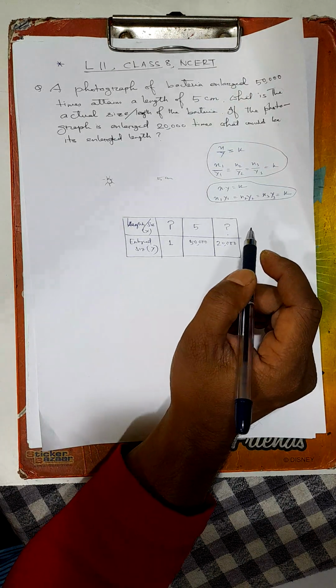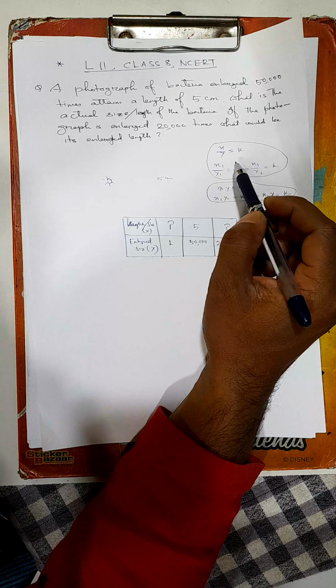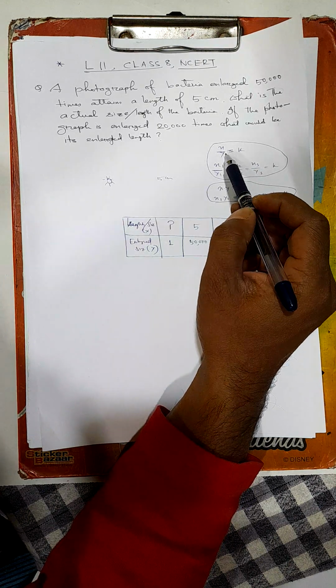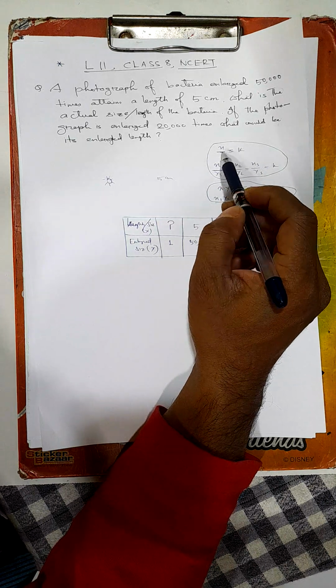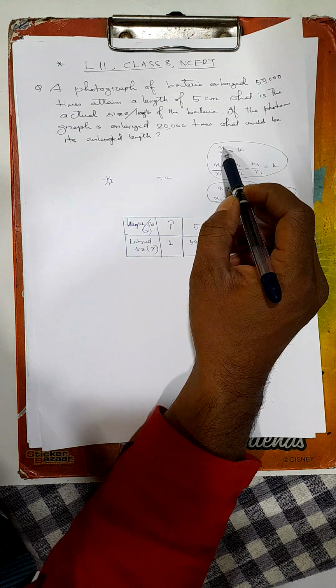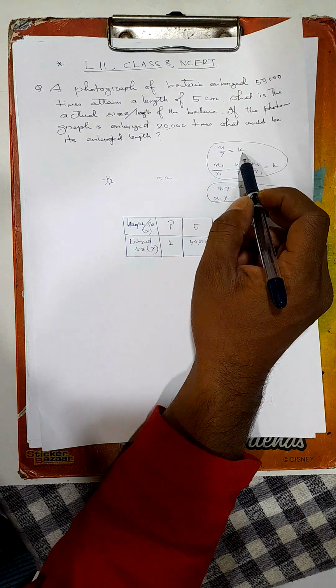Earlier we discussed the definition of direct variation: when two variables are related in such a way that their ratio is always a constant. Say, for example, x and y are two variables and their ratio is always constant k.